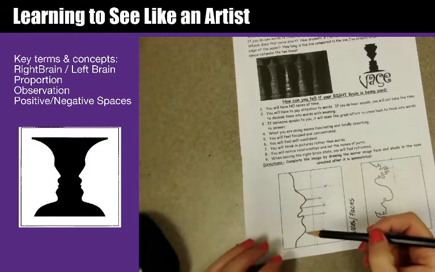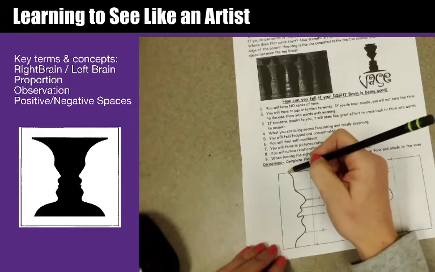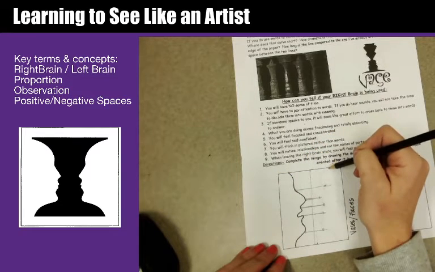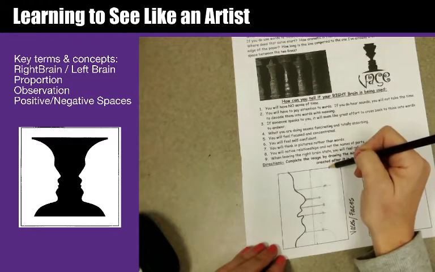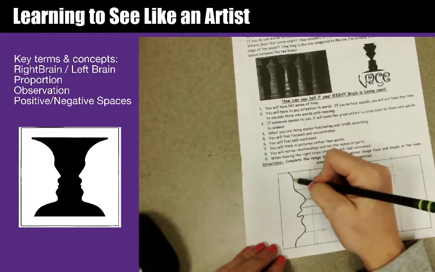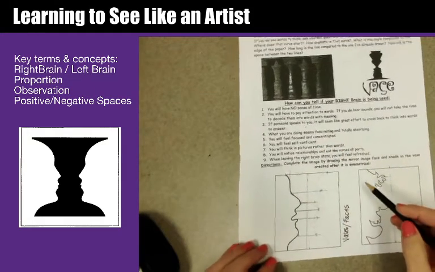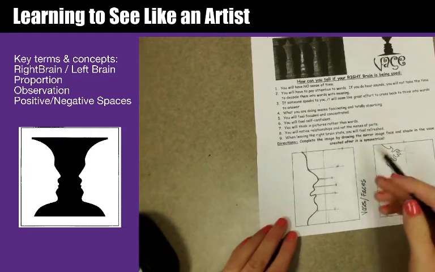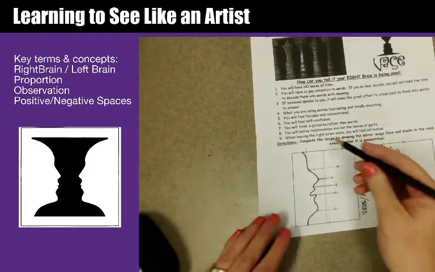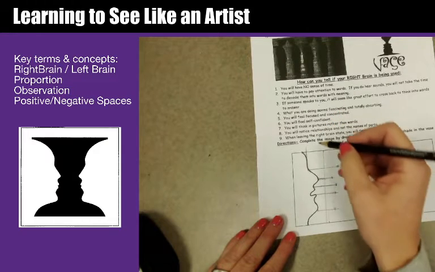So now I am going to start drawing the mirror image of this face, and I'm going to look at how far away it starts from the edge. There it is. And now I am going to think about how this line curves, so I can compare it to a vertical line. I do a lot of sketching on these where I make a lot of guidelines, and I don't darken my line until I know that it's right.